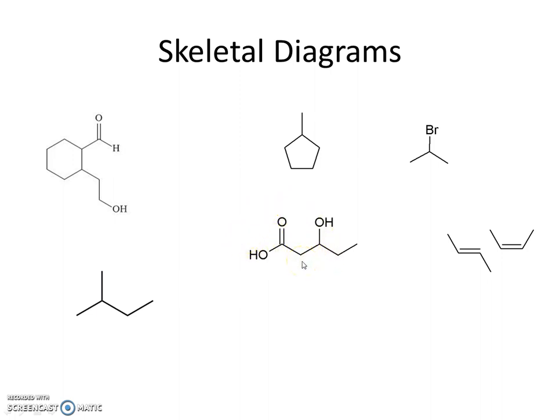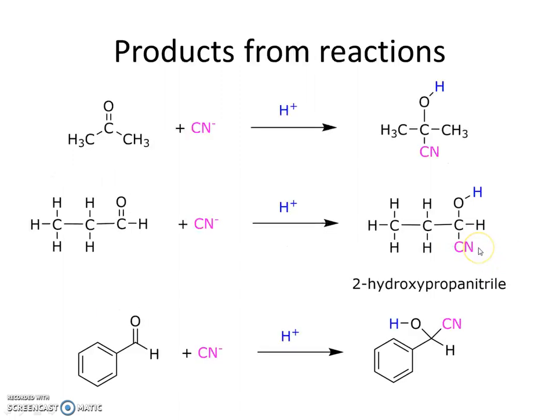Therefore, this does have 4 different groups, so this is a chiral carbon. Finally, just as a quick reminder, these alkenes, they are E/Z isomers, they are stereoisomers, but they are not optical isomers. Okay, so don't get confused between the two.